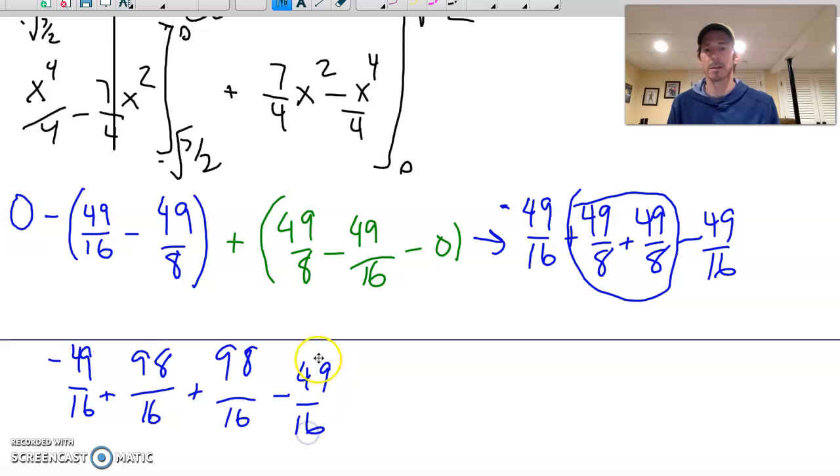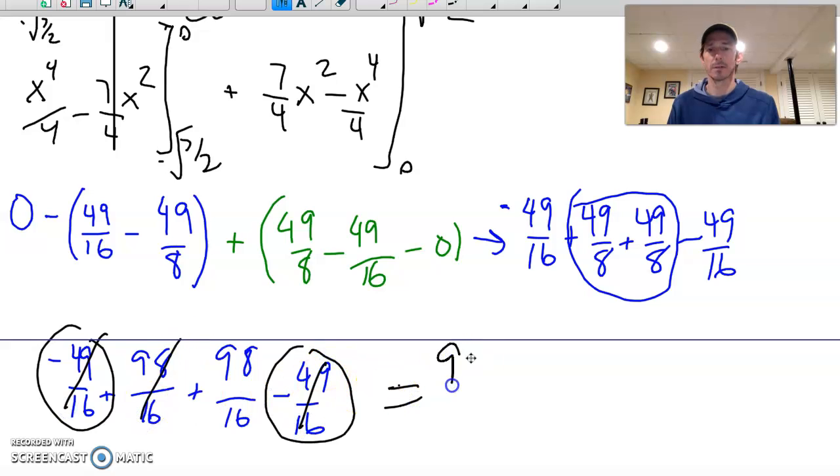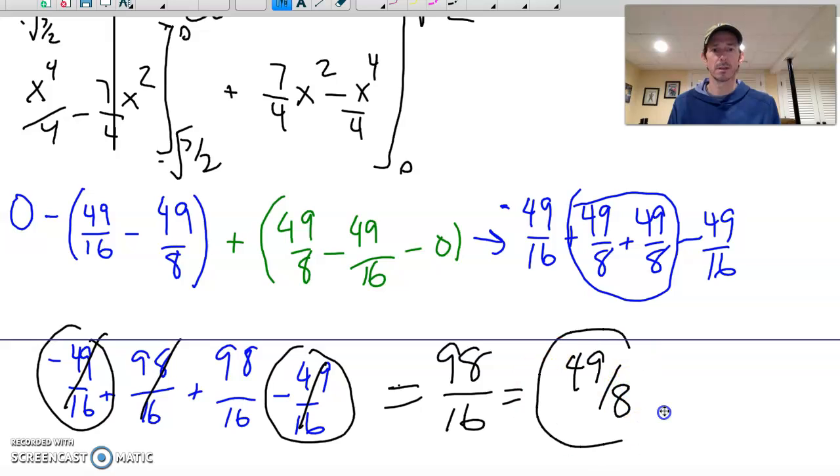And so what happens is, quite nicely actually, this negative 49/16 and this negative 49/16 make a negative 98/16, so they cancel one of those, and so at the end I just have 98/16, which I know can be reduced by 2 to 49/8, and that is the area between those two curves.